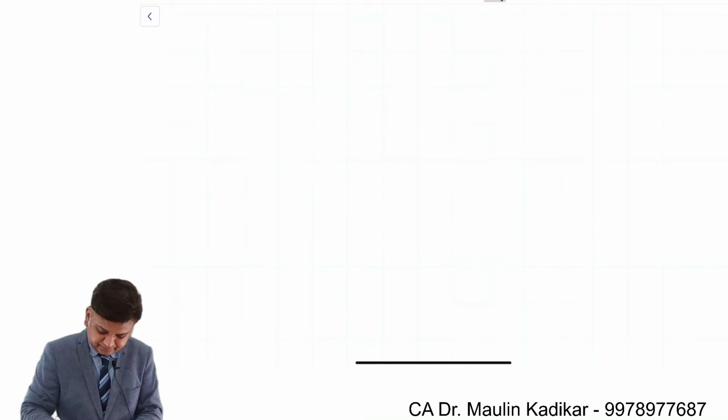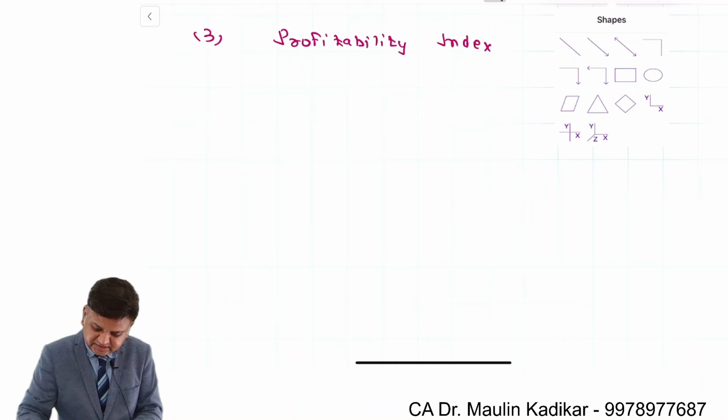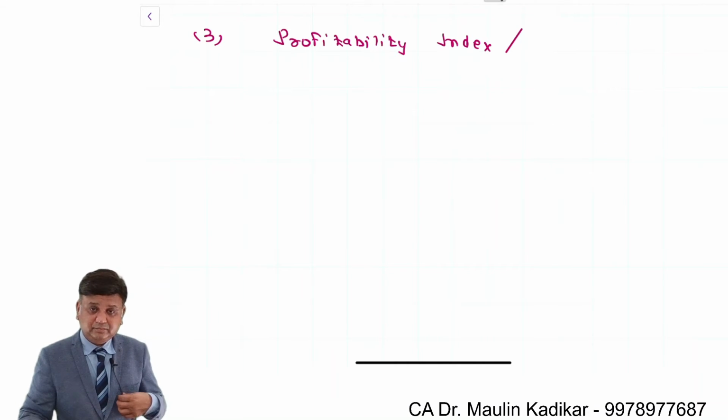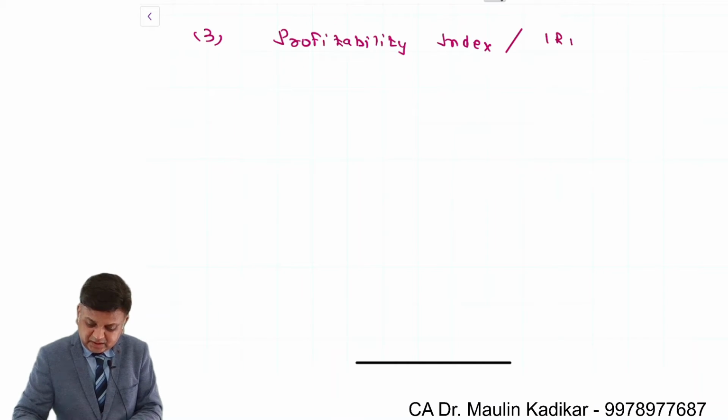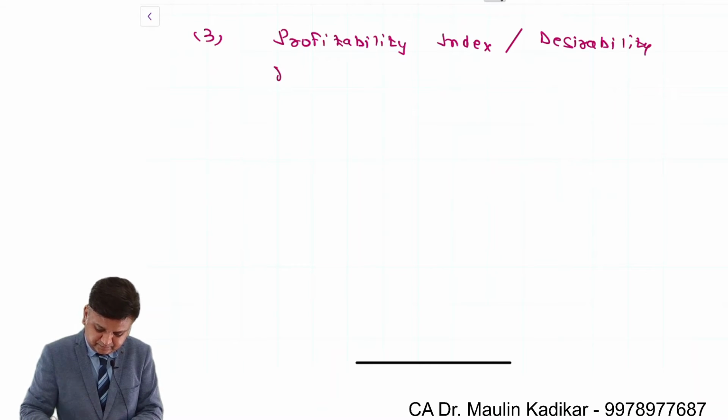Shall I write down the answer? Heading: Profitability index, slash, desirability factor, slash, benefit cost ratio.